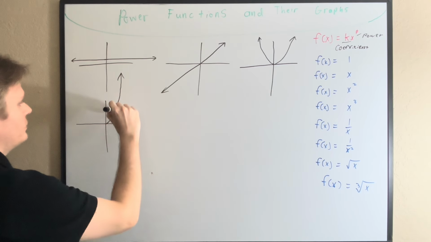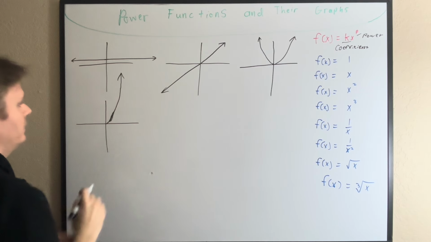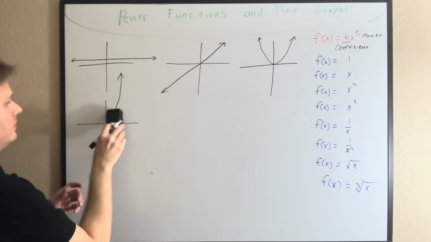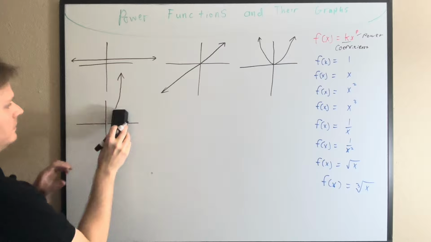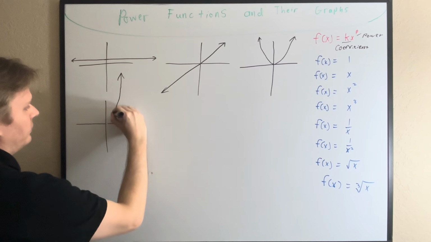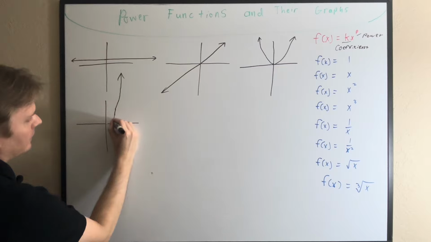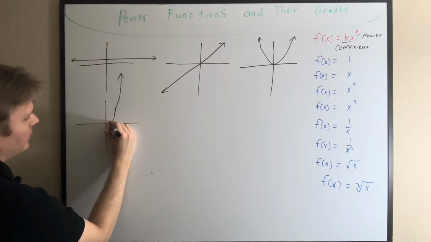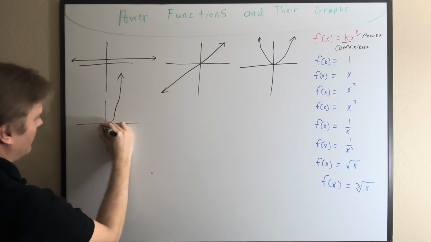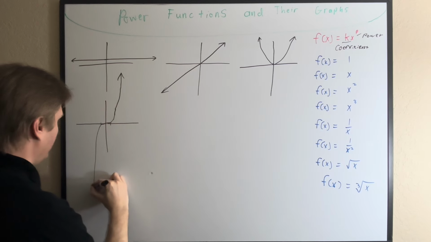But it does something strange here when it comes down. I may have drawn this a little too steep here. Well, not steep enough, because it really goes up really fast, right? But when it gets down here to, say, 1, it kind of tapers off. It goes through the origin, goes all the way to 1, and then takes off in the negative direction.